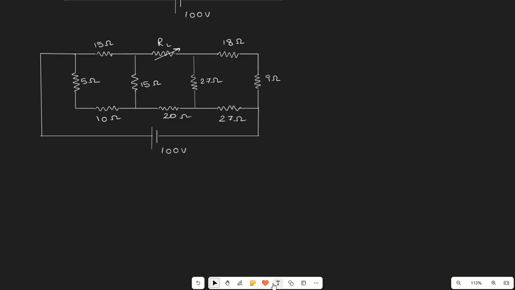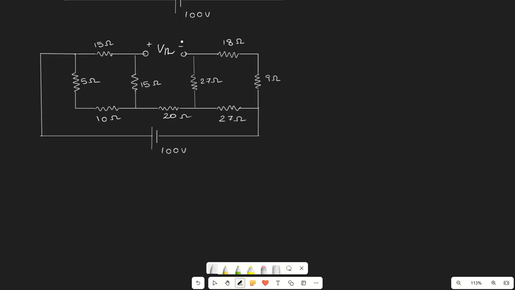For determining VTH and RTH, we have to remove this load and determine the value of VTH and RTH here. Suppose this terminal is positive and this is negative. Now if we see the circuit diagram, this circuit contains 1, 2, 3, 4 meshes or loops, right?